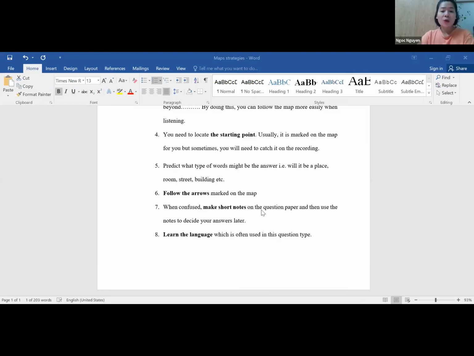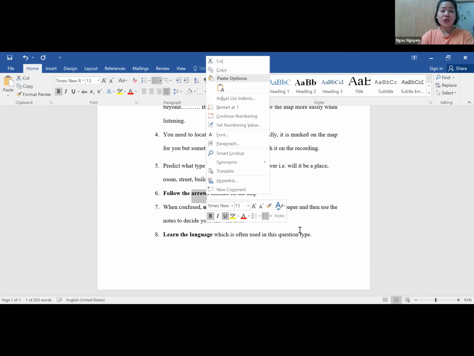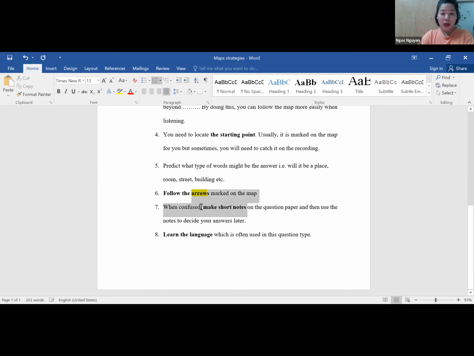And yes, there are just 2 more to discuss. Follow the arrows, yes. And make short notes. I need to define what short notes are. Short notes are not complete sentences. Short notes should be the words that help you to catch the correct answers.